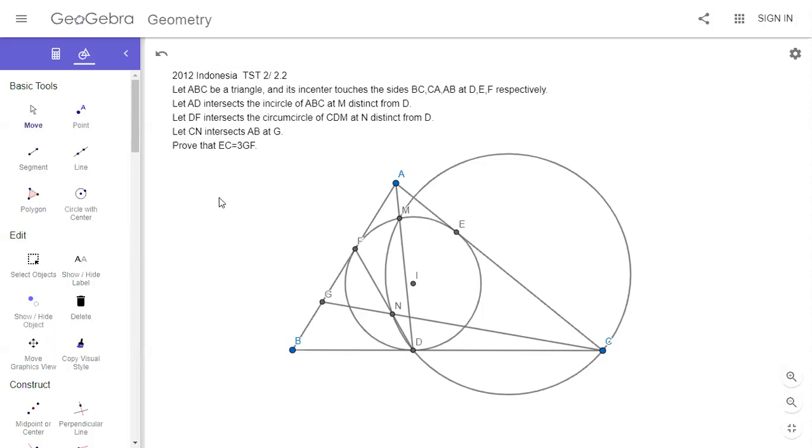Yeah, I'm thinking maybe cross ratios will be useful. Yeah, it feels a little bit like projective geo.